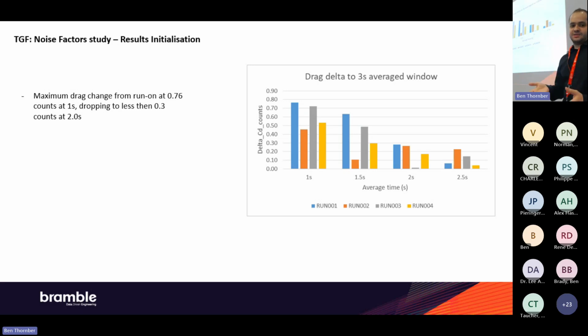And as expected, there's a trend that by running longer, you decrease this delta, going from around 0.8 counts maximum to, from 2 seconds onwards, below 0.4, which could be considered an acceptable range.